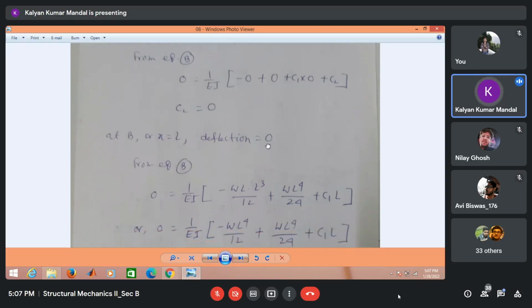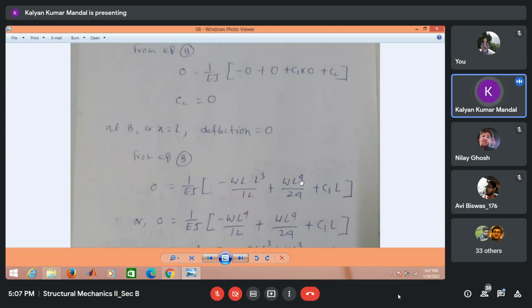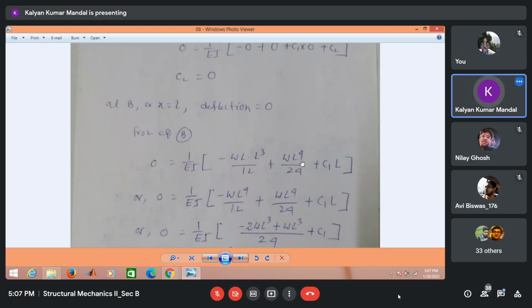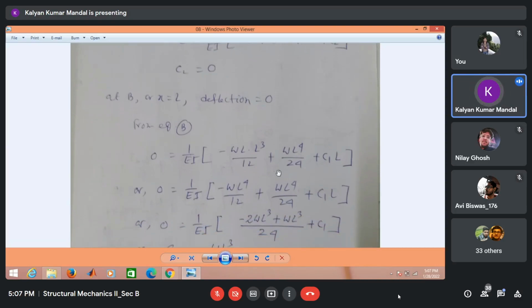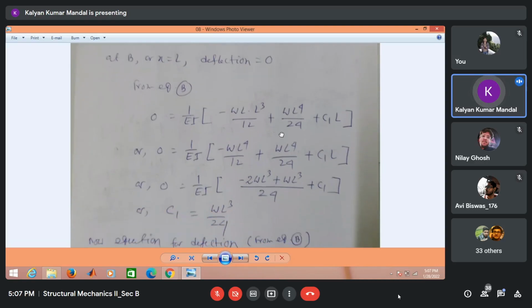Similarly, from equation B, put x is equal to L and y equal to 0. That's why 0 is equal to 1 by EI times minus wL into L cubed divided by 12 plus wL to the power 4 divided by 24 plus C1 into L. If we simplify this, we get the value of C1 is equal to wL cubed by 24.